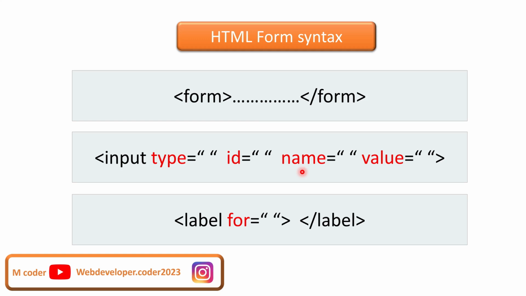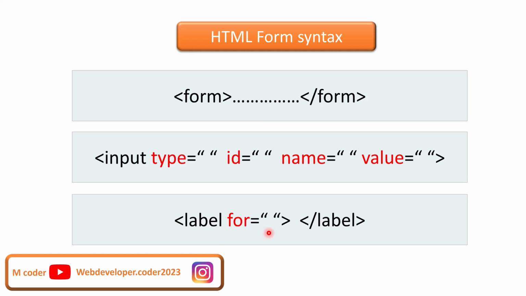This name attribute is used when the user information is sent to the server. And it has another attribute called value, which I explained in the code. Input is an empty element, which means it doesn't have a closing tag. And the next element is label. The label element has an attribute called for.